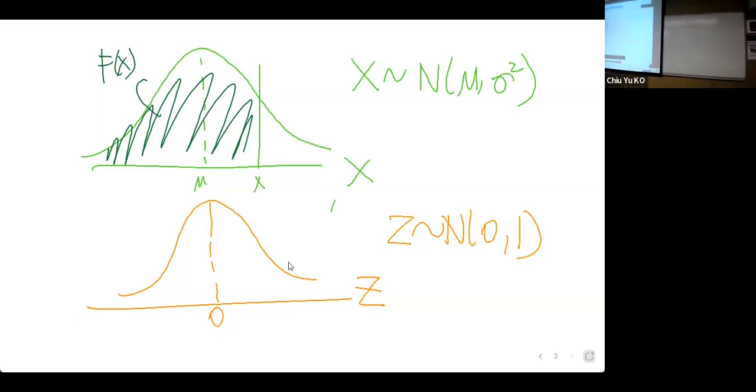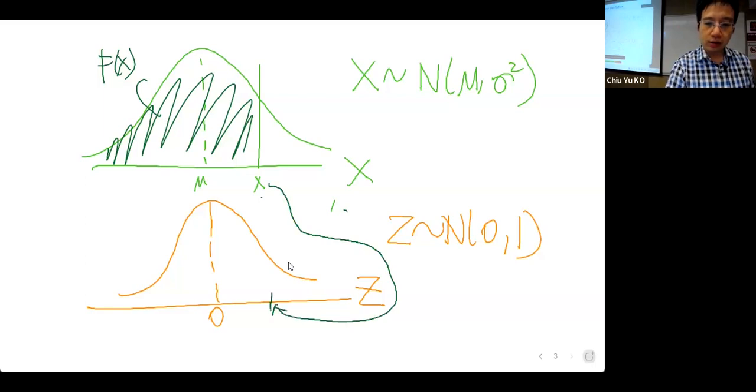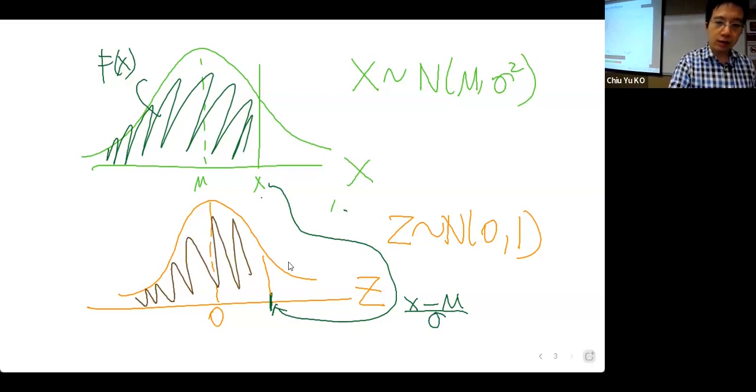This idea of transformation tells us that if I look at x minus mu over sigma, and I look at this area, let's call it small z, this is F of z.